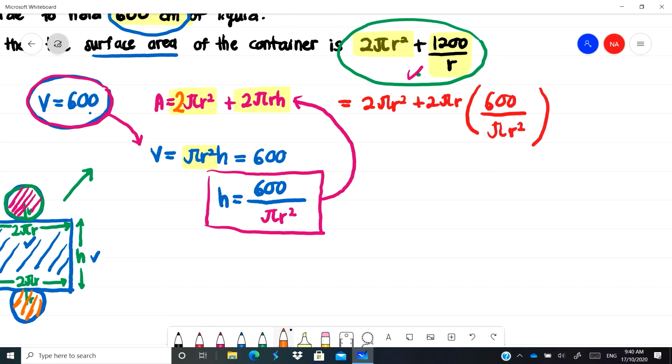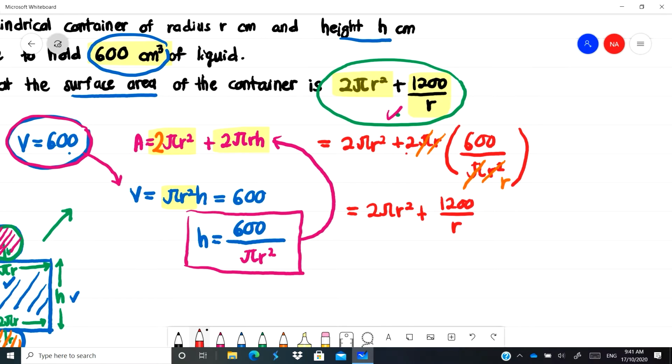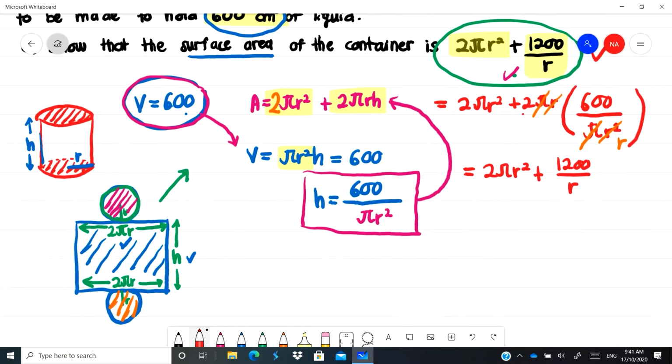We can cancel this pi, and also the r here, so we'll have just one r to the power of 1 at the denominator. So the final answer will be 2 pi r square plus, 2 multiplied by 600 gives 1200 over r. So we have shown that the formula of the surface area is given by this. We are done with the first part.